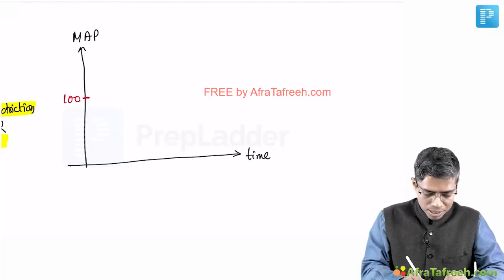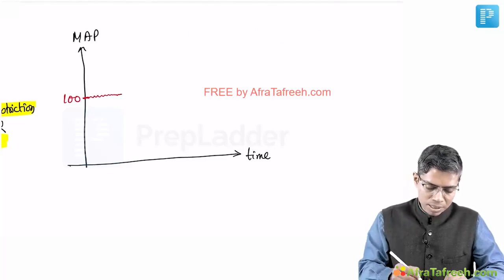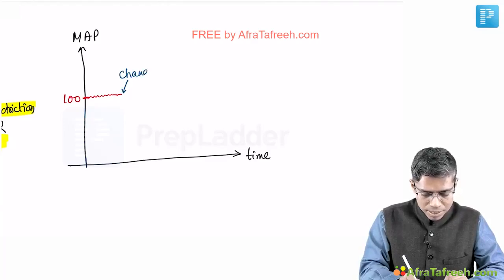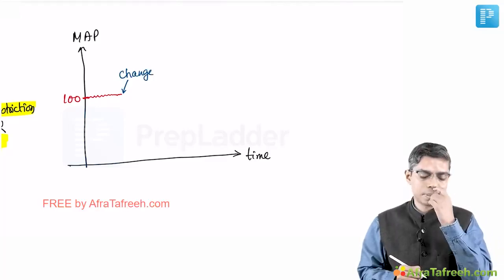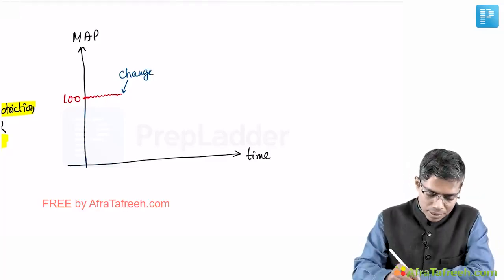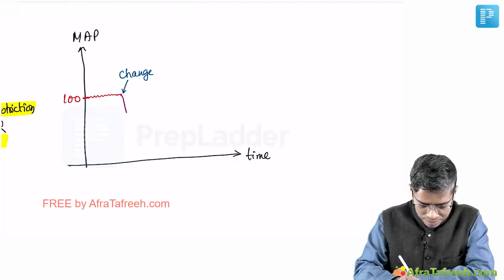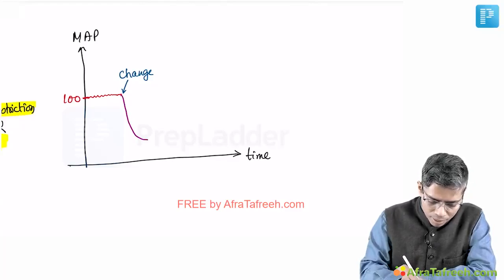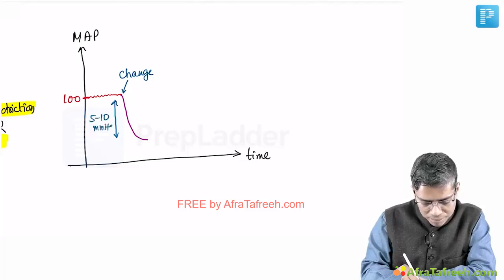It was normal, 100 millimeter of mercury. Suddenly the person is changing the posture. So this is the part where there is a sudden change of posture, right? What is going to happen? This blood pressure will suddenly fall to a low value. Normally, this fall of mean pressure is around 5 to 10 millimeter of mercury only, not more than that.